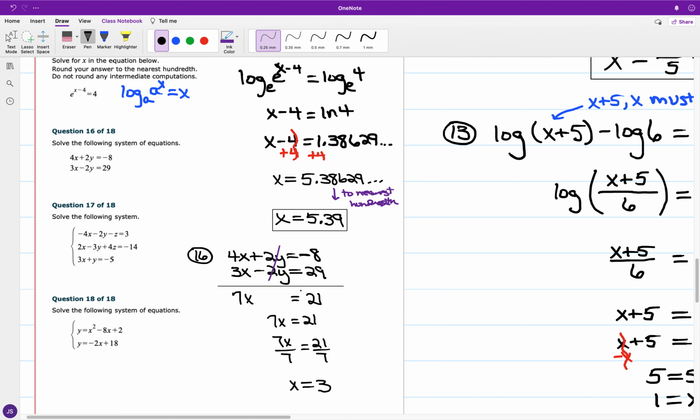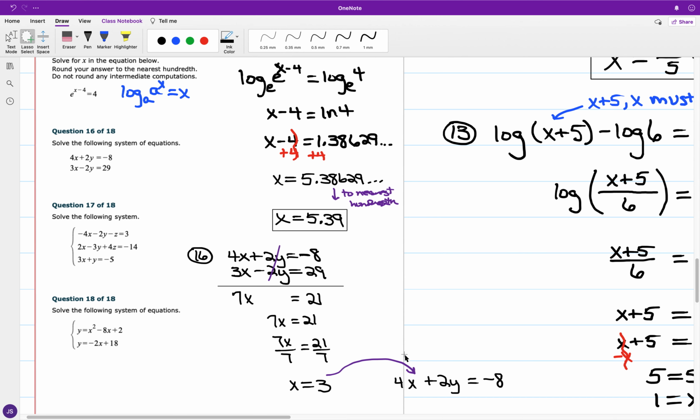Then I can plug in 3 for x into either of these two equations, and I'll just take the first equation. So you got 4 times x plus 2y is equal to negative 8.